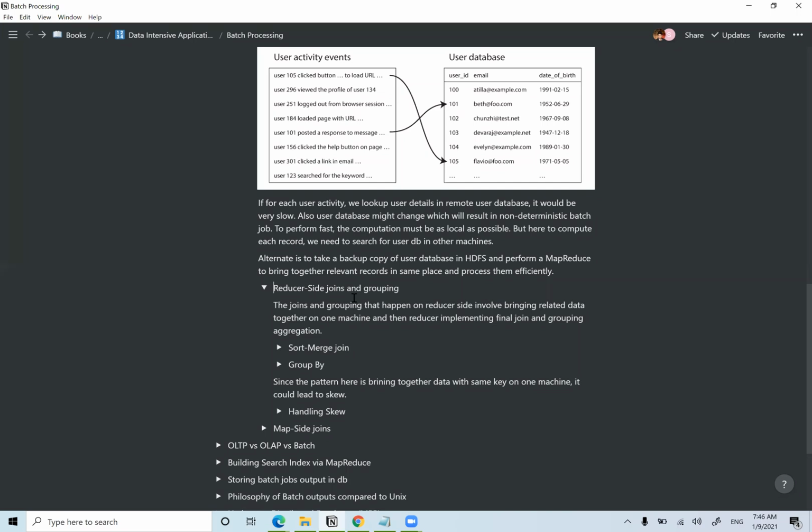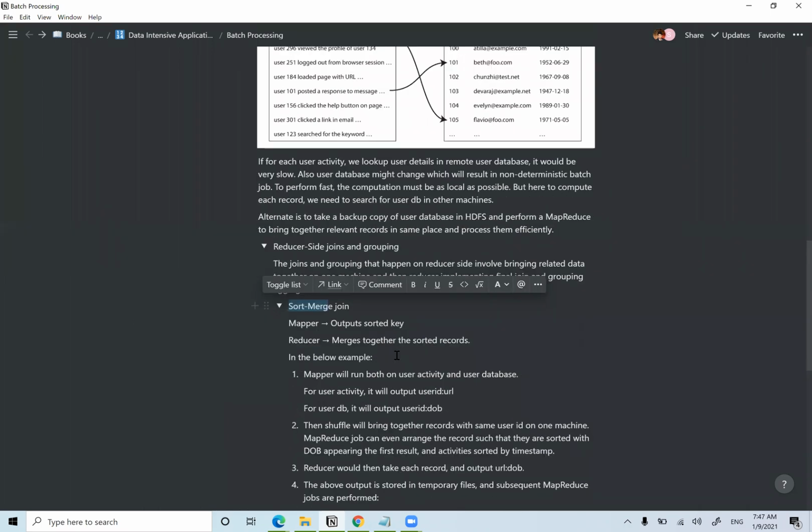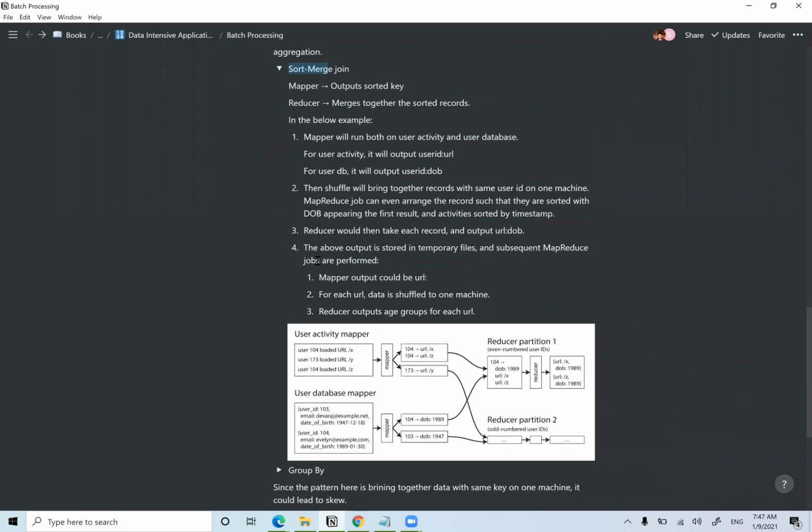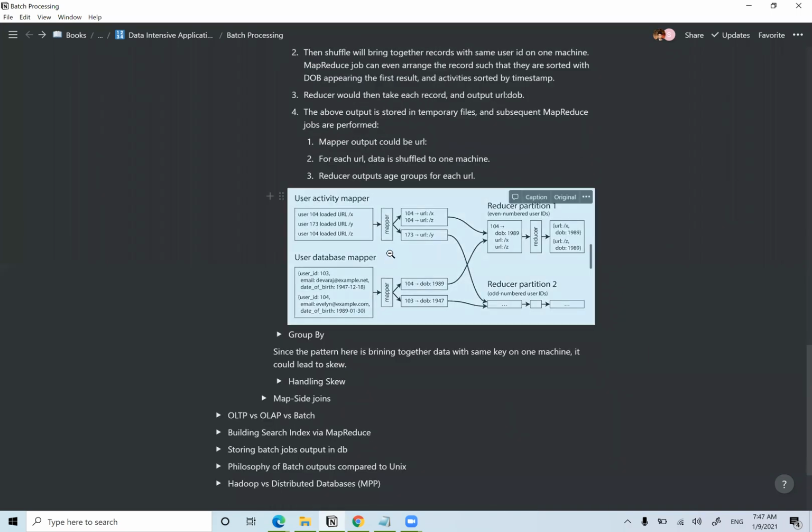There is only one approach mentioned: sort merge is the approach to join on the reducer, and there is an approach to group by. So we have these join queries and group by queries. First let's see the join happening on the reducer side, and the algorithm is called sort merge join. It's very simple, nothing fancy in this.